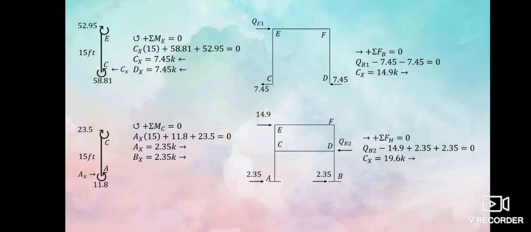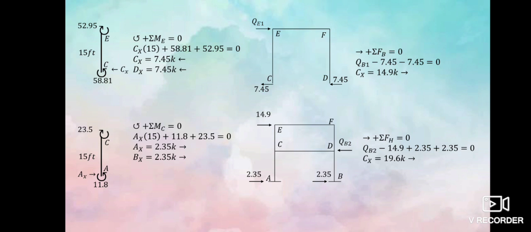That is the 58.81 you got right there for the C, and 52.95 for the E, equal to 0. Thus, Cx is equal to 7.45 K, and since Cx is equal to Dx, you would be getting the same result of 7.45 K.